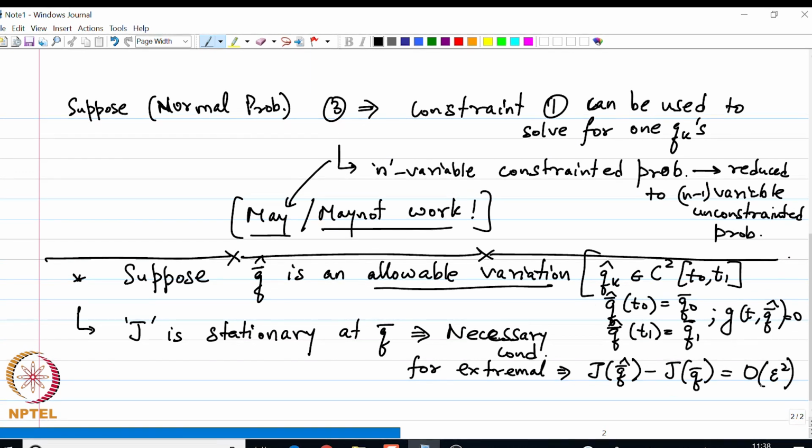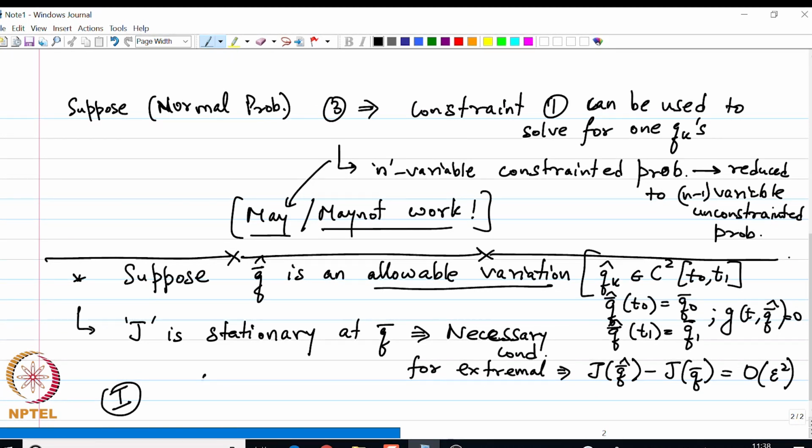So, only the higher order terms survive, the terms lower order with respect to epsilon vanish. Then we are guaranteed to get the extremal. Okay. And we saw that, let me call this statement 1.